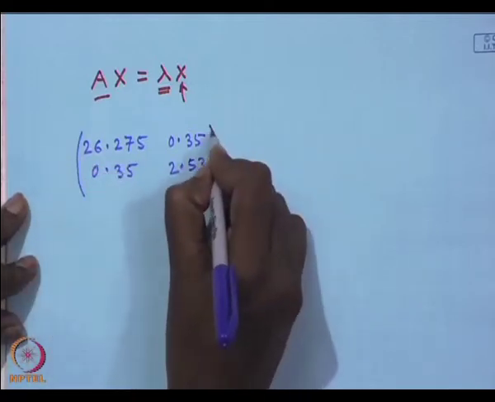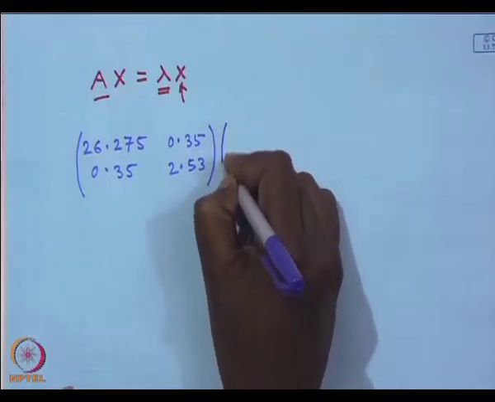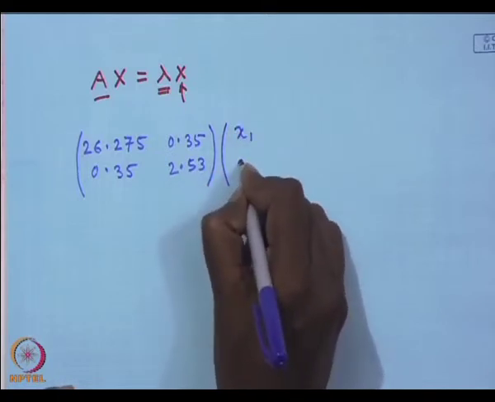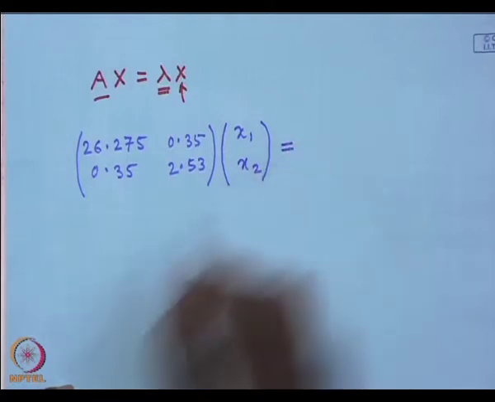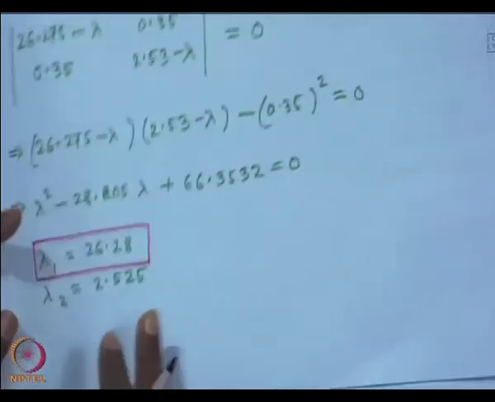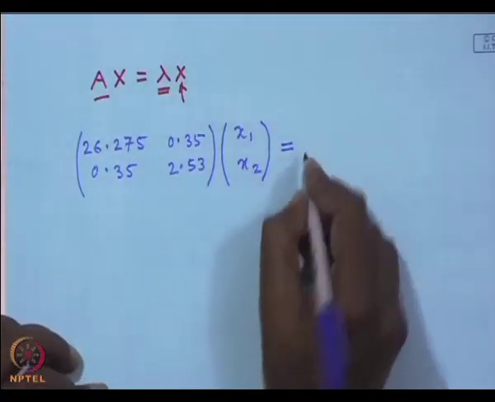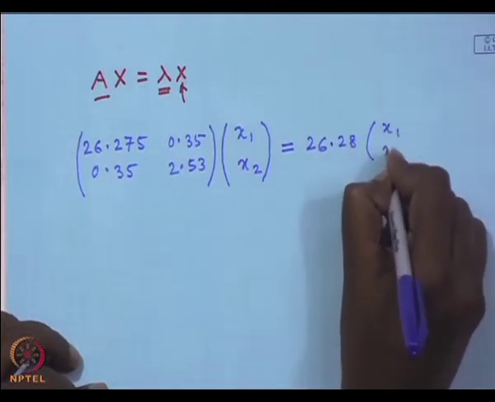This was my covariance matrix sigma, and if I assume that the eigenvector corresponding to the maximum eigenvalue of this covariance matrix is x, and this being a two dimensional matrix it has two components x 1 and x 2, right. So, this has to be equal to lambda times x, where this lambda, the maximum eigenvalue, is 26.28. So, this has to be simply 26.28 times (x 1, x 2).